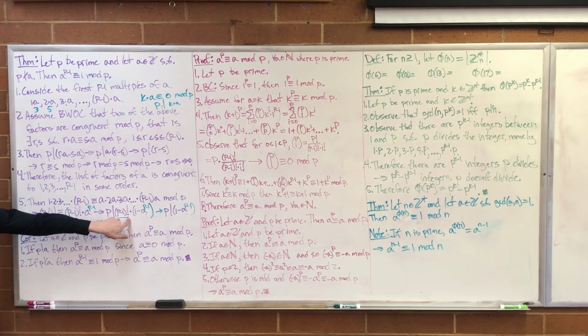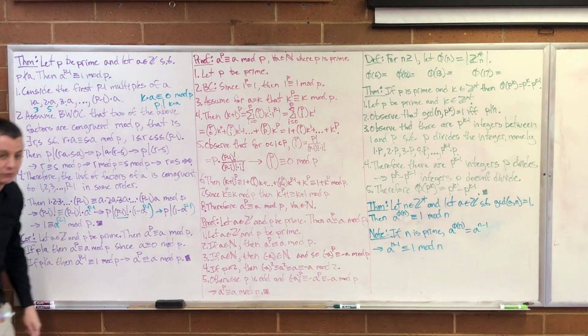This number has a unique prime factorization. Let's look at it in the case of 2 times 3 times 4 times 5 times 6.